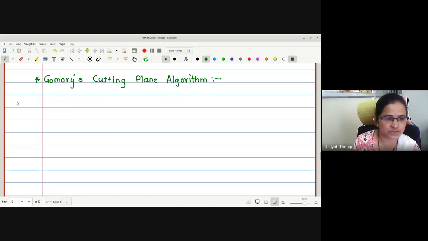Let me write the stepwise procedure. Step 1 says that the objective function should be maximization.